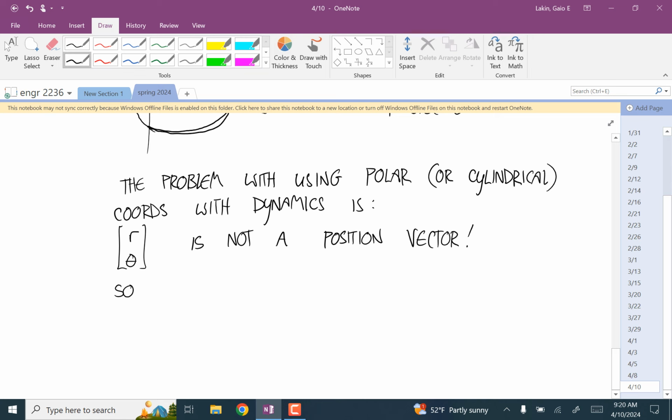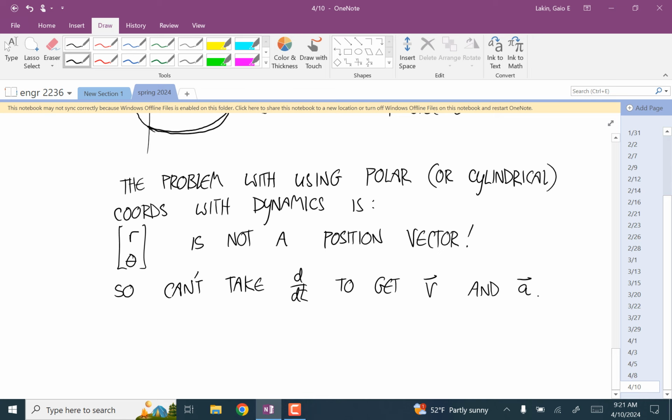This isn't one component along one axis and another component along another axis. So you can't just take time derivatives of this and expect to get velocity, and take a second time derivative and expect to get acceleration.